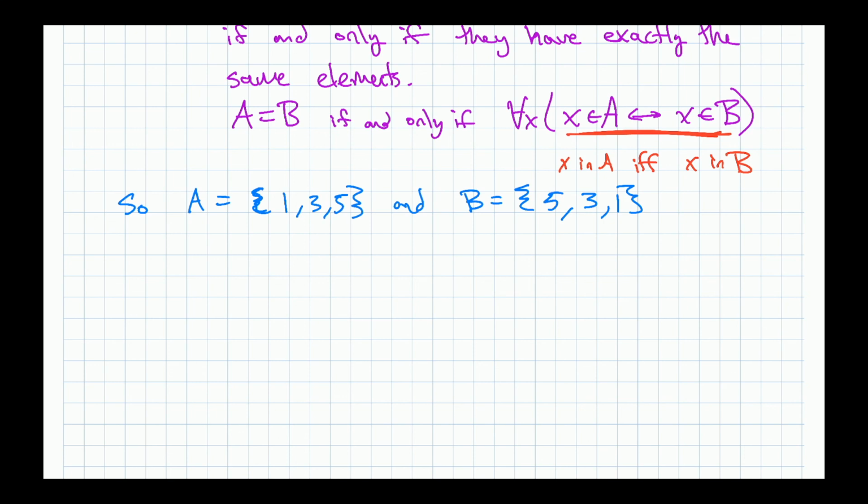If A equals that and B equals that, then A equals B because the list of elements is the same.